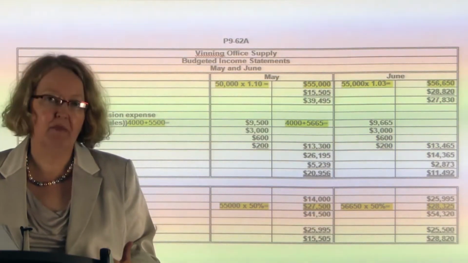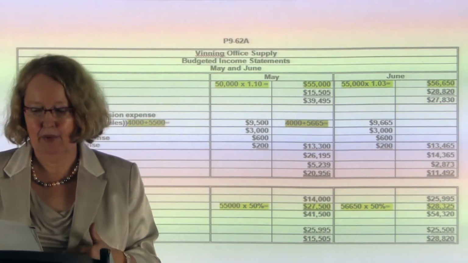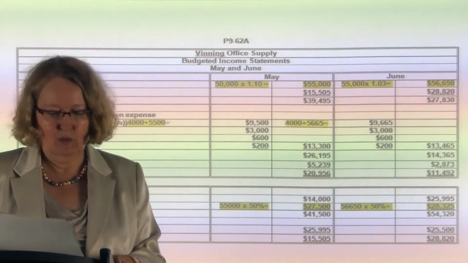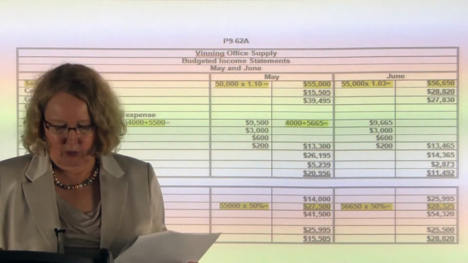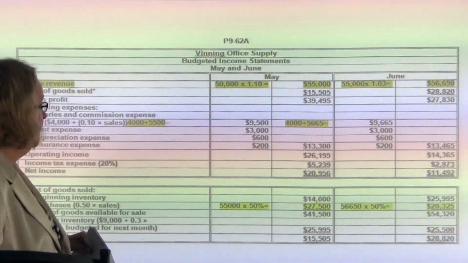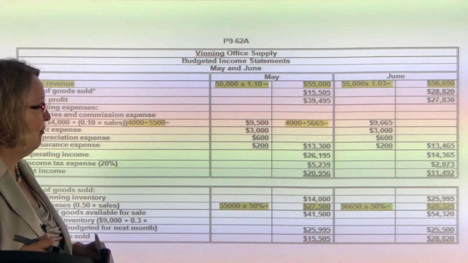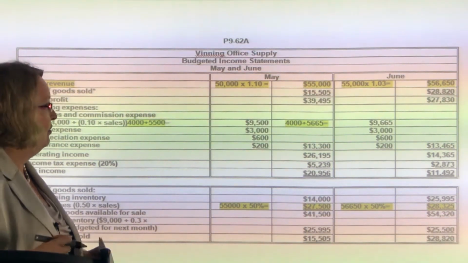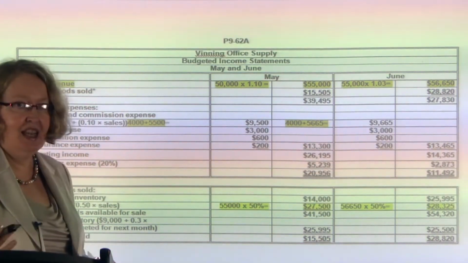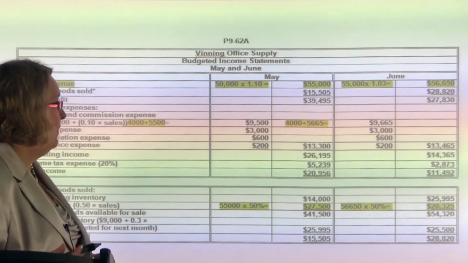So another part of budgeting involves preparing your budgeted income statements, and we're going to start off here with, of course, our sales revenue. Your sales in April, you were told, are 50,000 units, and they're expecting a 10% increase for May.